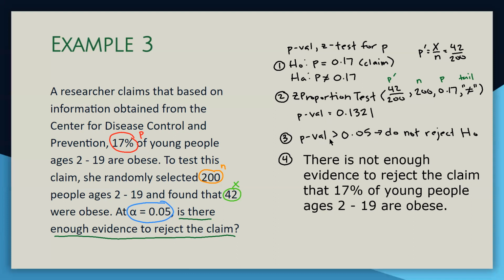When our p-value is bigger than our alpha, we do not reject. So using that information, there is not enough evidence because our claim is the null, to reject the claim that 17% of young people ages 2 to 19 are obese.